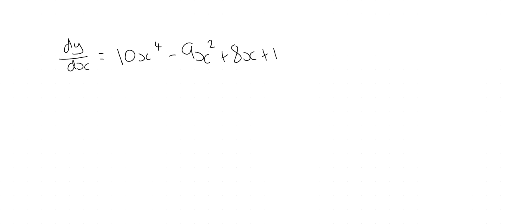I'm going to give you the derivative dy dx, and I'm going to ask you to give me the original function. Please give me the original function. So you're reversing the process.